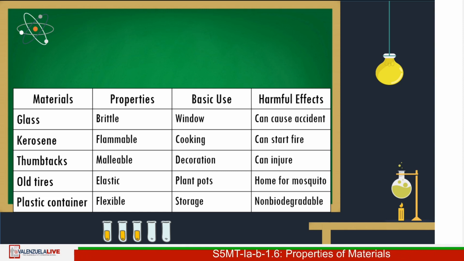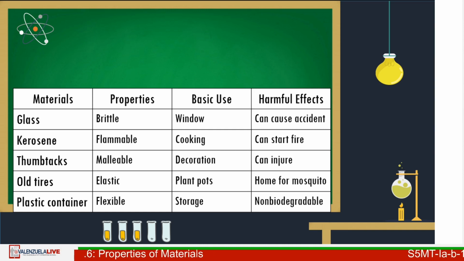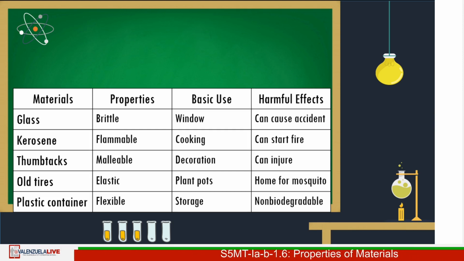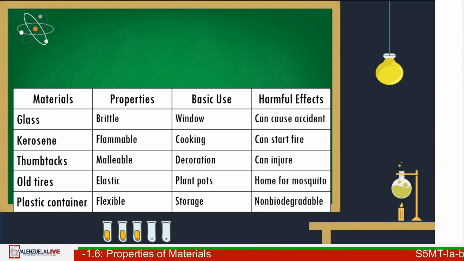And some harmful effects of these materials, once being used: glass can cause accident, kerosene can start fire, thumbtacks can injure you, old tires can be home for mosquitoes, and plastic containers, since they are non-biodegradable, can last in our environment and end up as pollution.